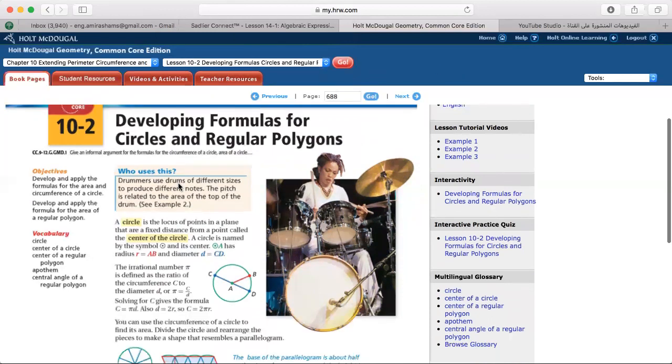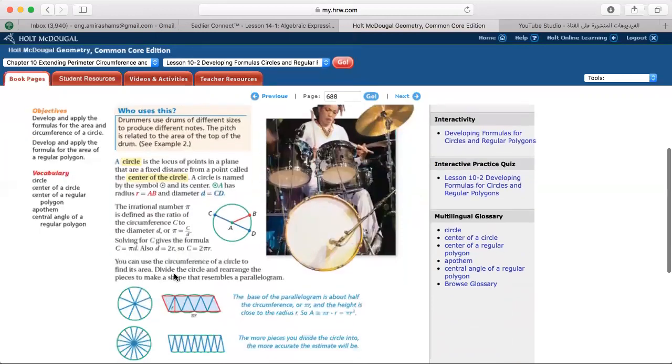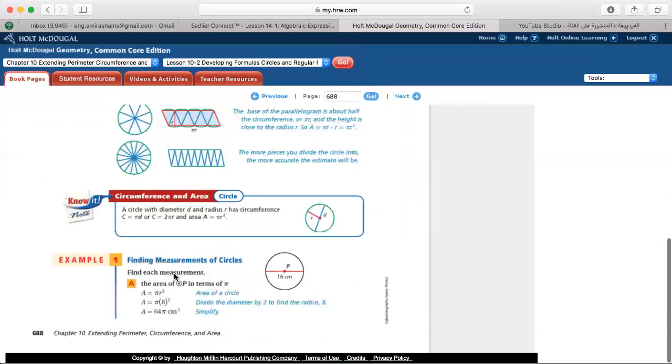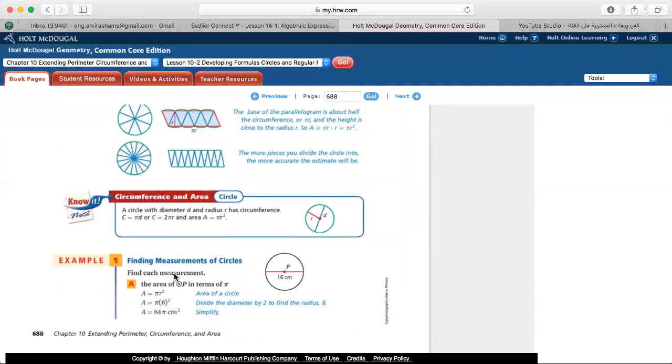Okay, in the second lesson here, we learned formulas of circles and regular polygons. A circle with diameter d and radius r has circumference C equals pi d, or C equals 2 pi r, and the area is equal to pi r squared.